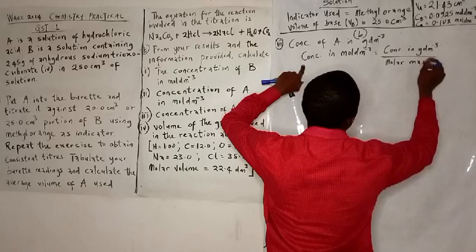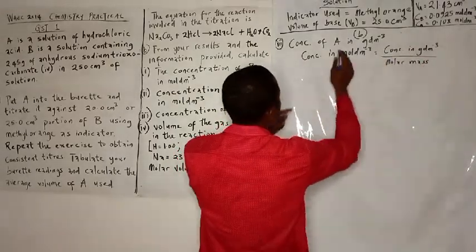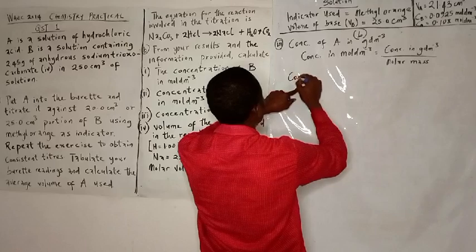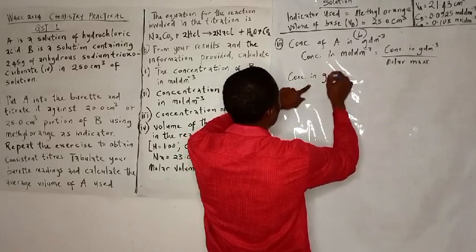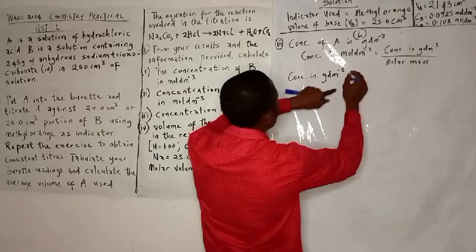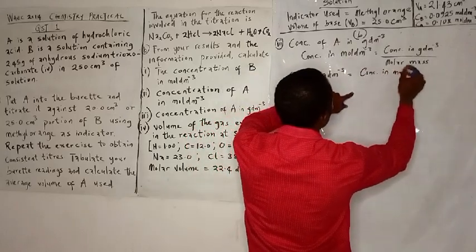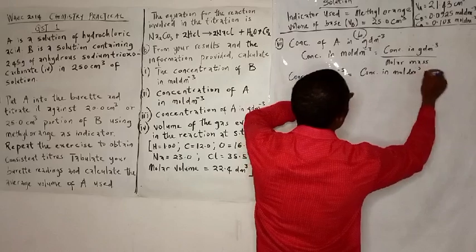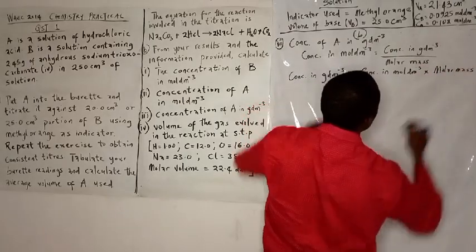And from this formula, we have that the concentration of A in grams per dm cube will be equal to concentration in moles per dm cube times molar mass.